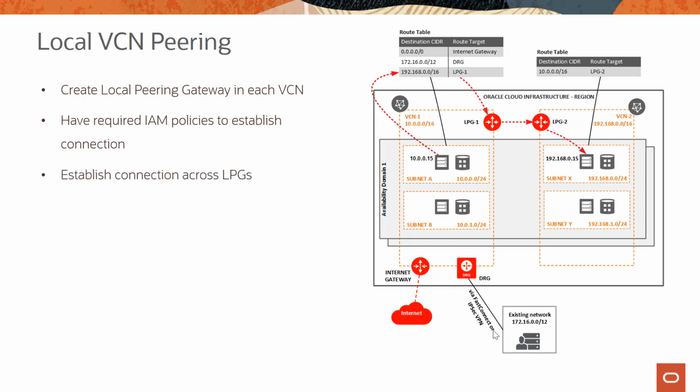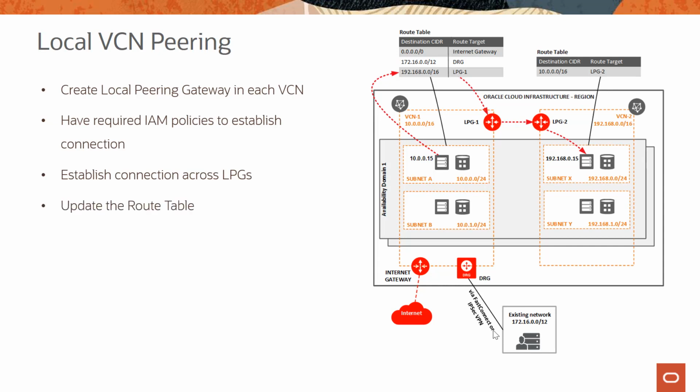Once the IAM setup is done, administrators then establish a peering connection between the VCNs. This involves creating a peering connection between the two LPGs. The peering connection indicates that the permission to accept packets from the VCN has been granted.